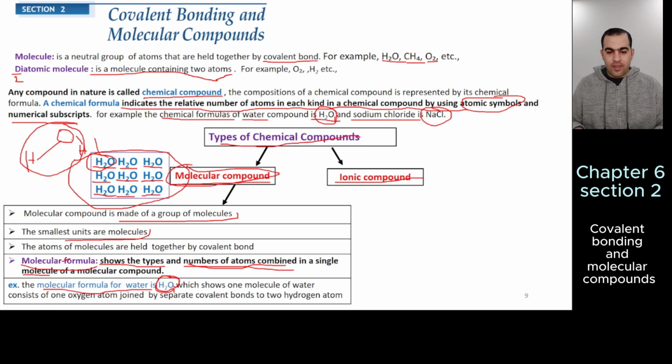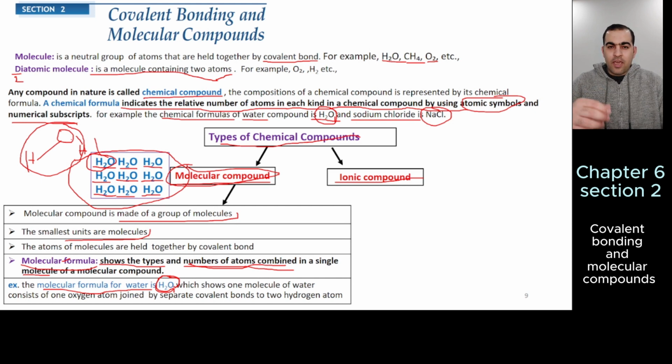So we understand that if a compound is made of a group of molecules, it's called a molecular compound, and its composition is represented by a molecular formula. But for any compound in nature, the formula is called a chemical formula.